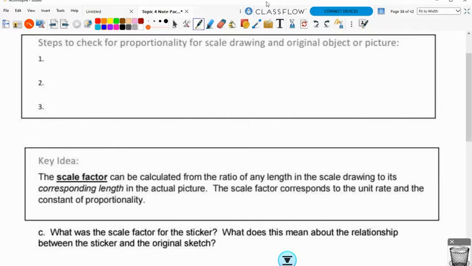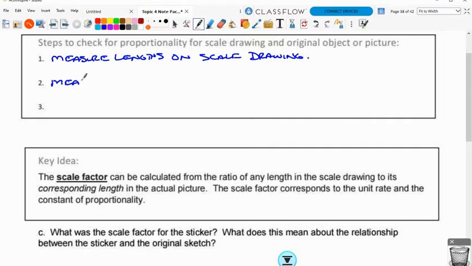So in the box, we're going to list the steps to check for a proportional relationship, all right? Check for proportionality for a scale drawing and the original object or picture. The first thing that we need to do is measure the lengths on the scale drawing. Okay, get the lengths of the measurements on the scale drawing. And then after that, we're going to measure the corresponding lengths on the original object.